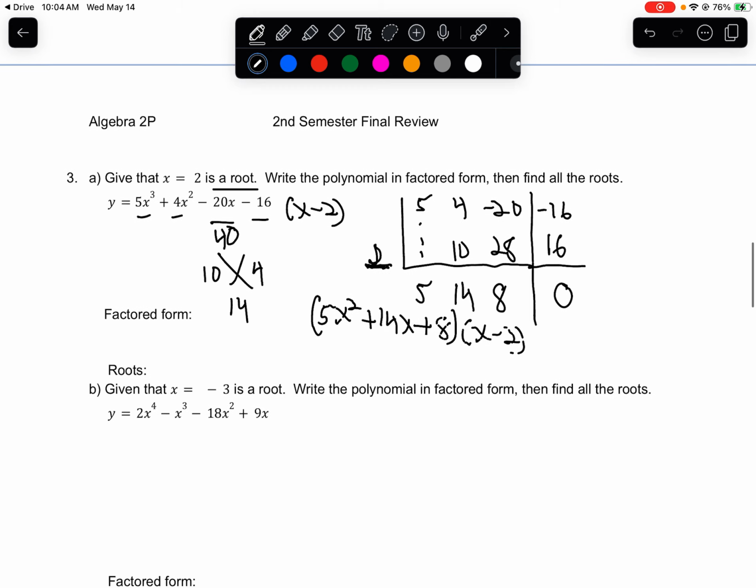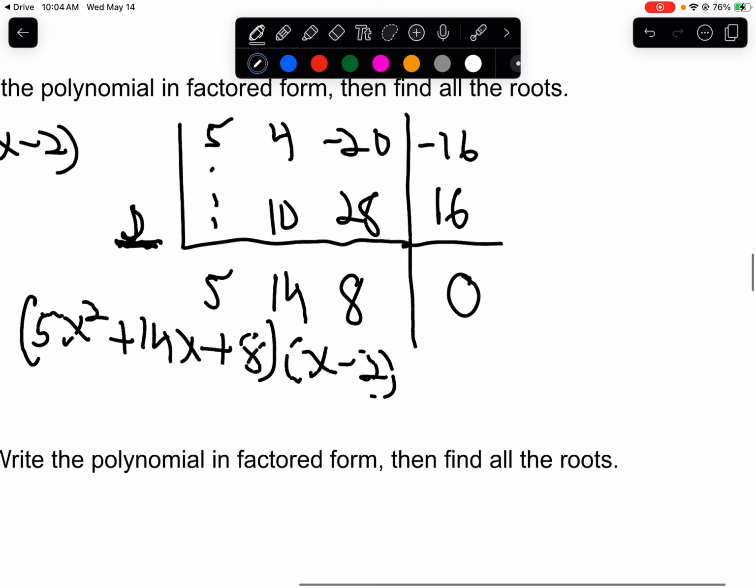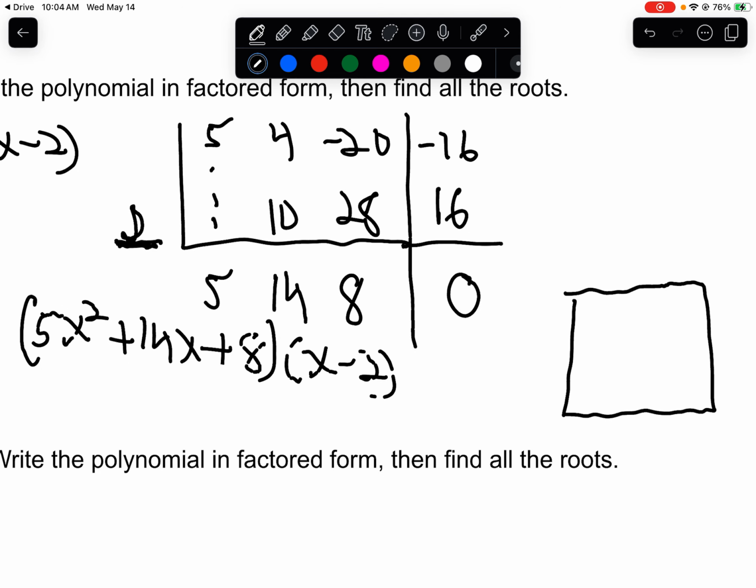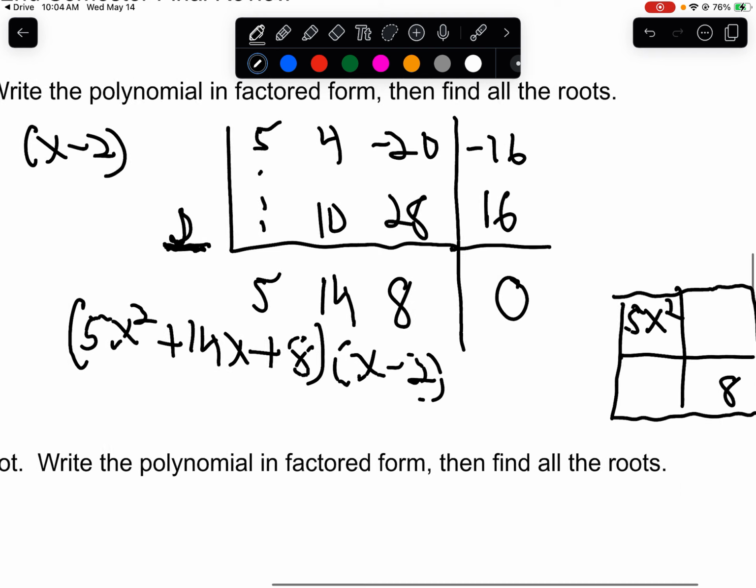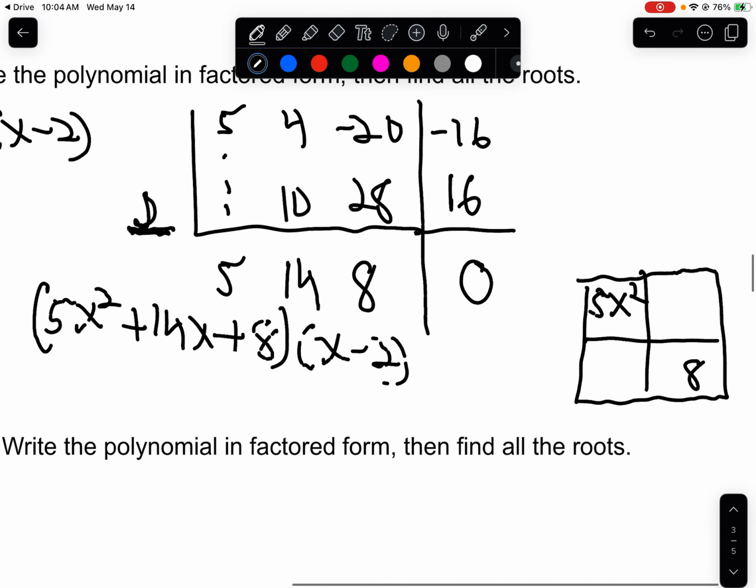All right, then what we're going to do is make a smaller box. Put the first term, 5x squared, there. Put the last term, 8, there. And then put, what were the two factors? 10 and 4. So this would be 10x and 4x.